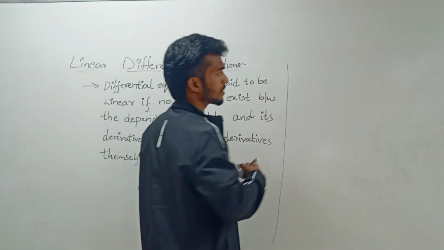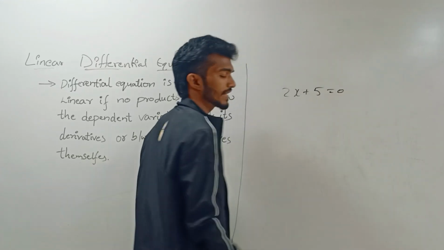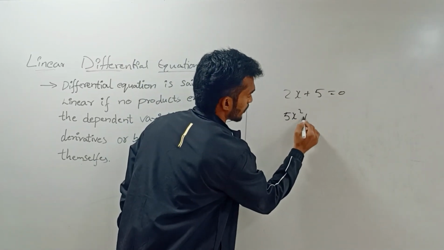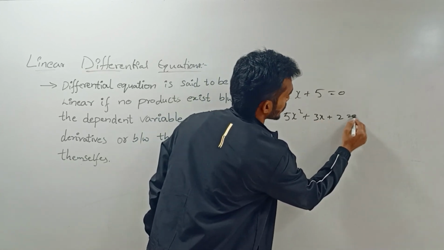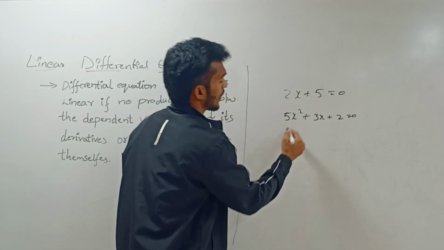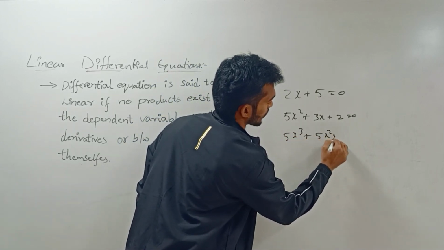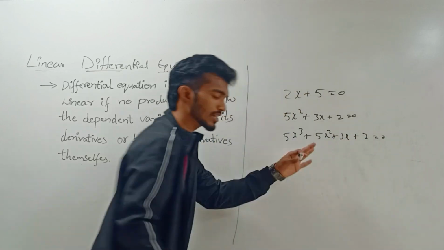Guys, in algebraic equations we learned that 2x plus 5 equal to 0 is a linear equation, 5x square plus 3x plus 2 equal to 0 is a quadratic equation, 5x cube plus 5x square plus 3x plus 2 equal to 0 is a cubic equation, and so on.